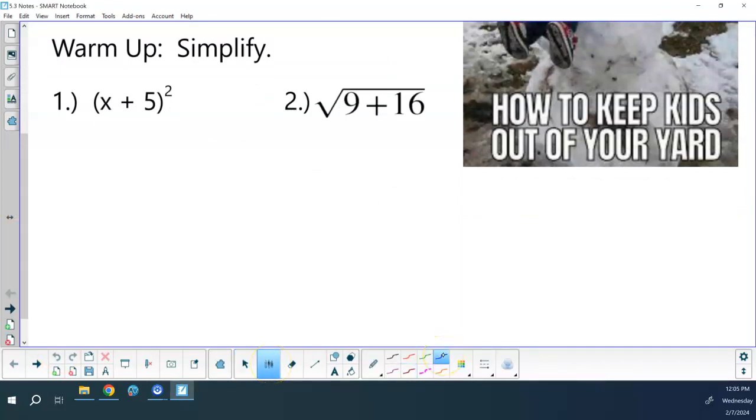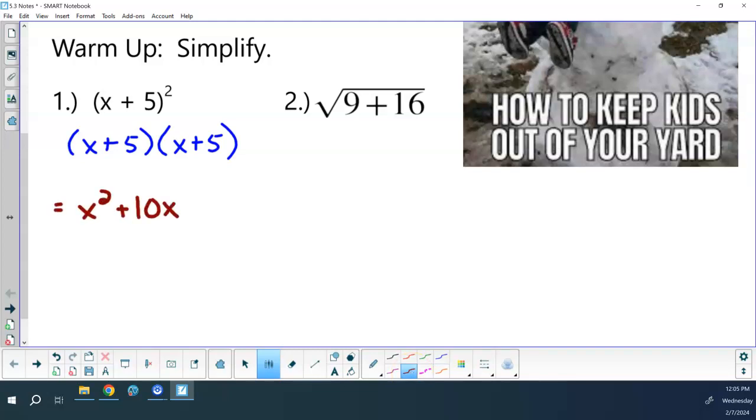So this really means x plus 5 times x plus 5, which really means x squared plus 10x plus 25. Okay? The classic math blunder here is people see that and notice how this is not just x squared plus 25.